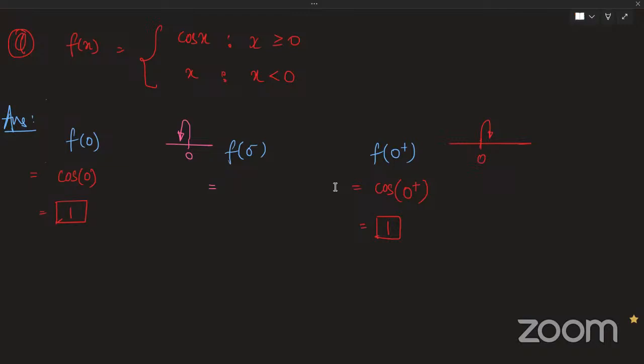So it will go for x, right? And what is my value of x? 0 minus. Okay, so it will be 0, right? Yes, sir. Great. Good work.